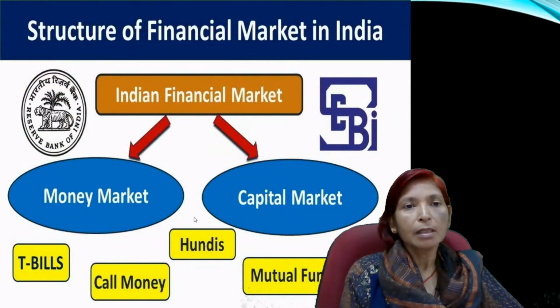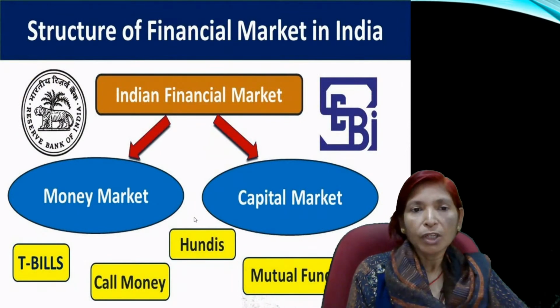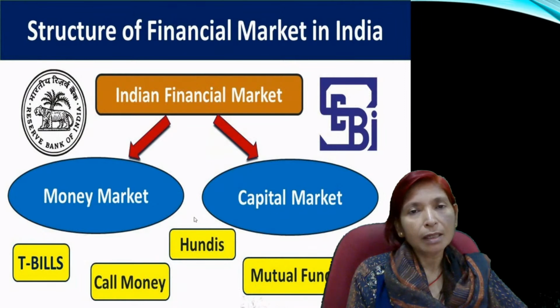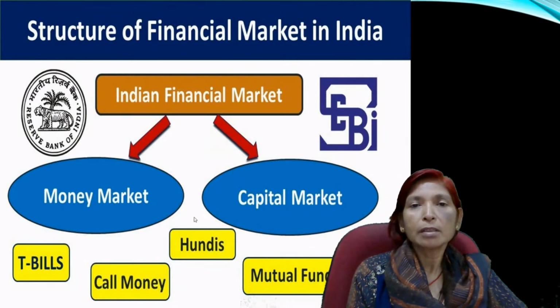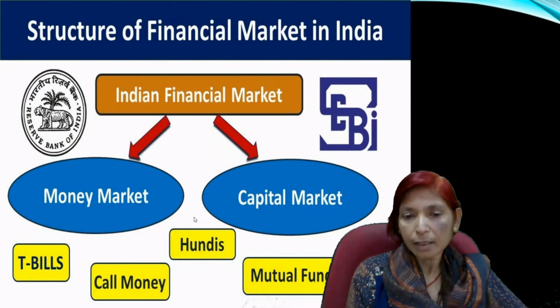Now next is the structure of financial markets in India. In the Indian financial market system, the Indian financial market is basically classified into two major or broad categories. One is the money market and the other is the capital market.